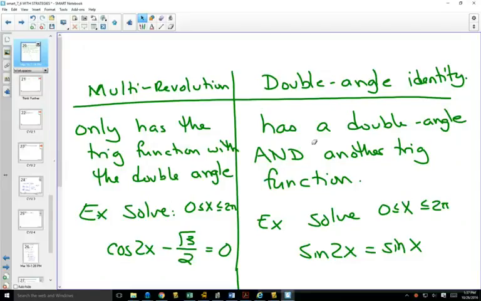For multi-revolution, if the only trig function that you have in your equation is a double angle, like we have here with cos 2x minus root 3 over 2 equals 0, then you should solve it like a multi-revolution question. If you have a double angle and another trig function, so here I have a sine 2x and a sine x, then you should solve it using a double angle identity.